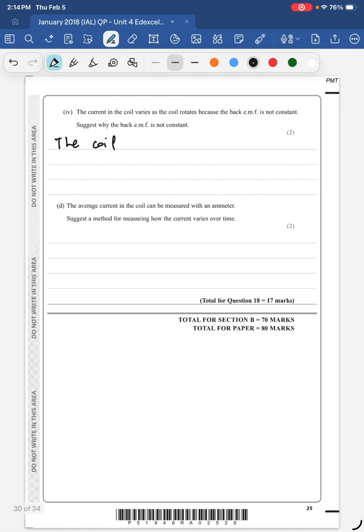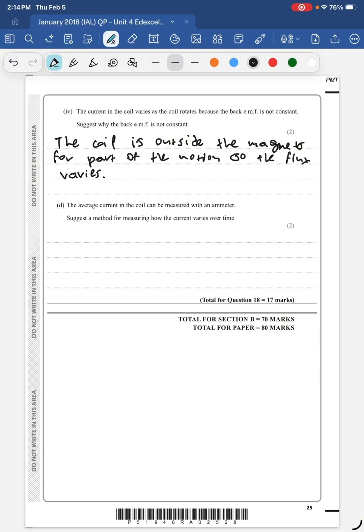So this is what we will write: the coil is outside the magnets for part of the motion, so the flux varies.